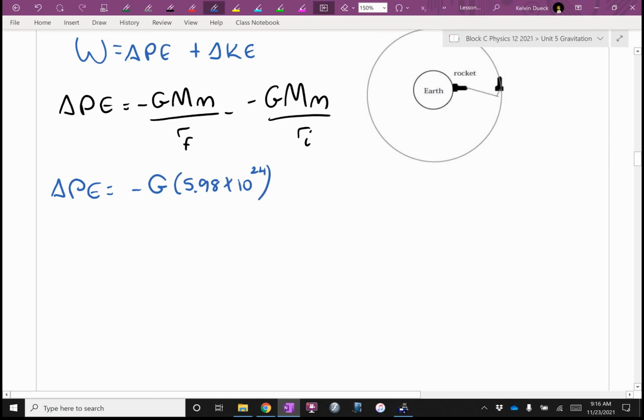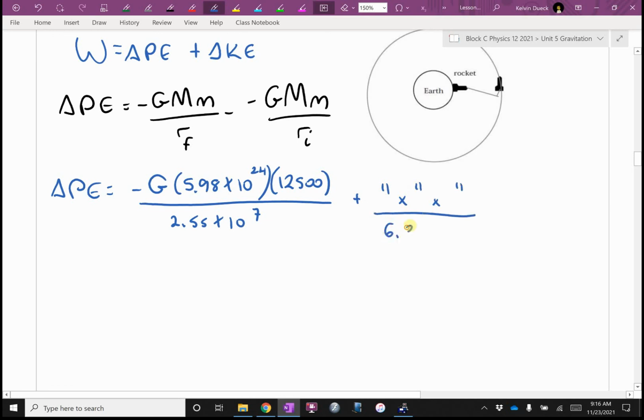What's little m? I scrolled down. 12,005. Okay. Divided by, and our final was 2.55 times 10 to the 7th plus the same thing times the same thing times the same thing divided by, and we're starting on the Earth, 6.38 times 10 to the 6th.